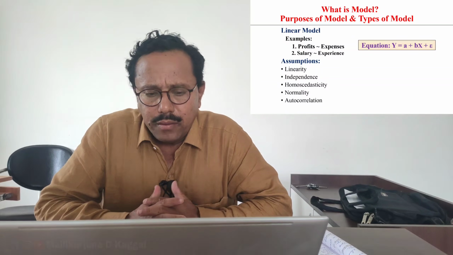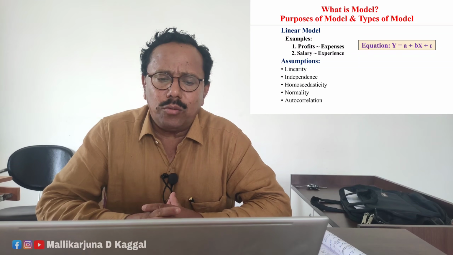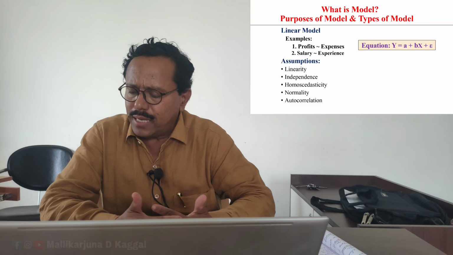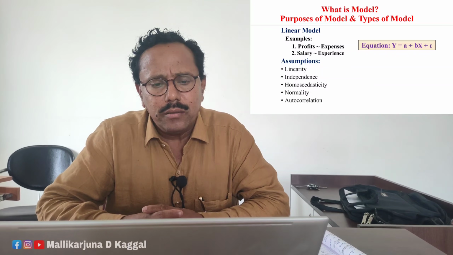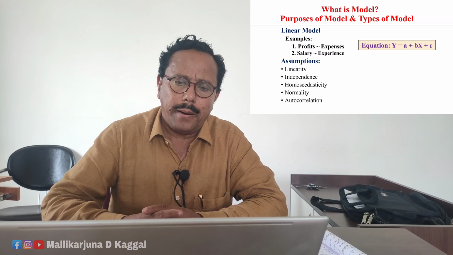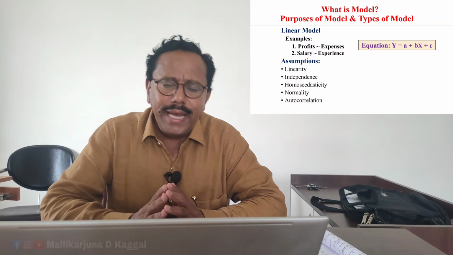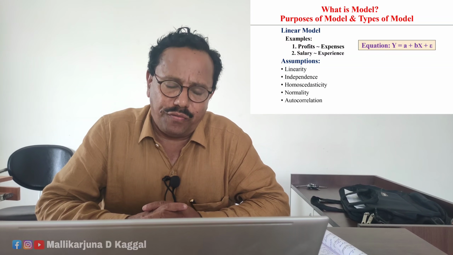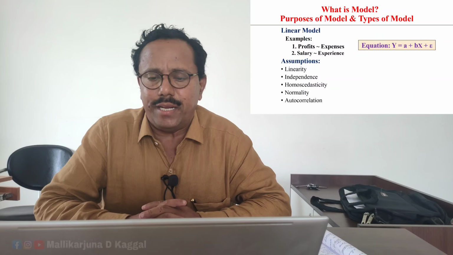There are various types of models we have, like models from the point of view of theory: theoretical model, statistical model, conceptual model, simultaneous model, and empirical models. Here we categorize the model from the point of view of the relationship between the variables.